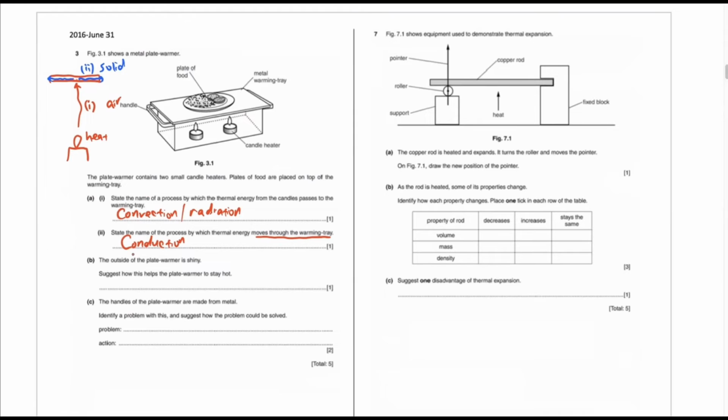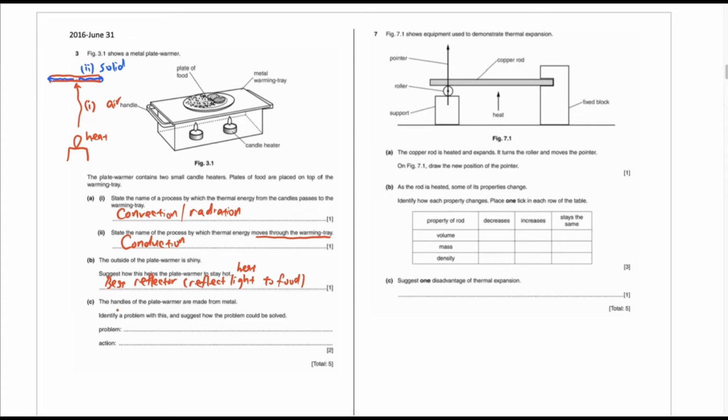So you can say it's the best reflector. It reflects light or waves to the food. Now, can I say it reflects heat to the food? Yes, reflects heat to the food.